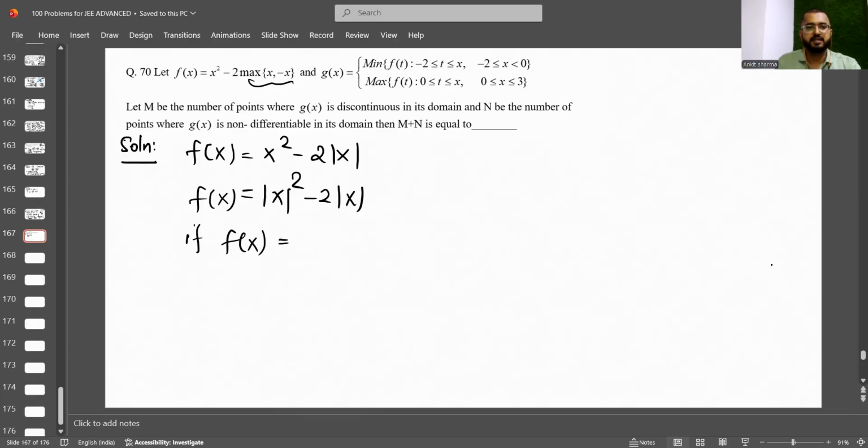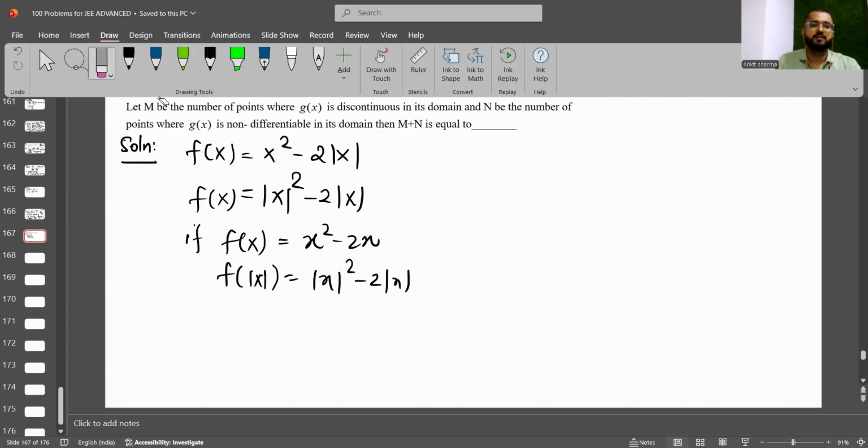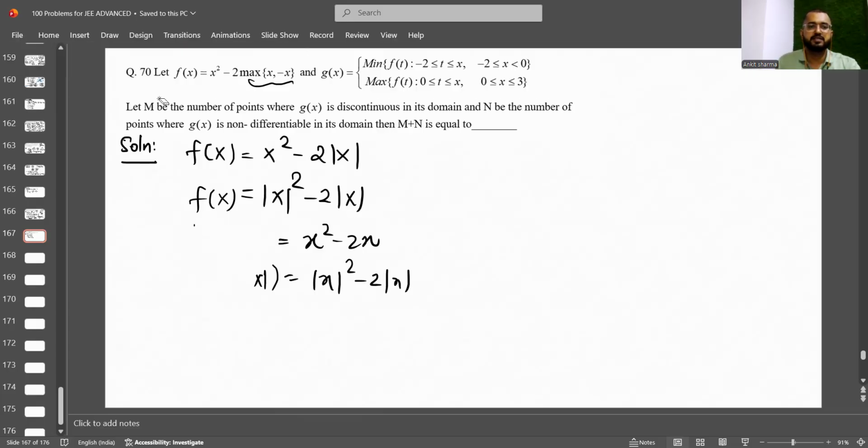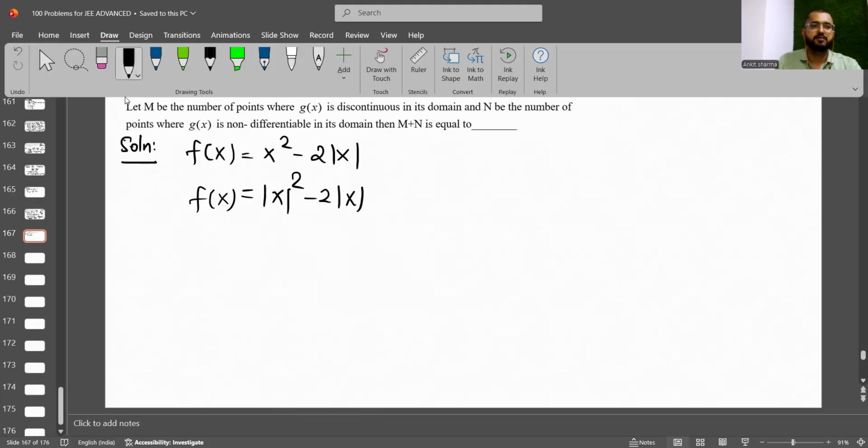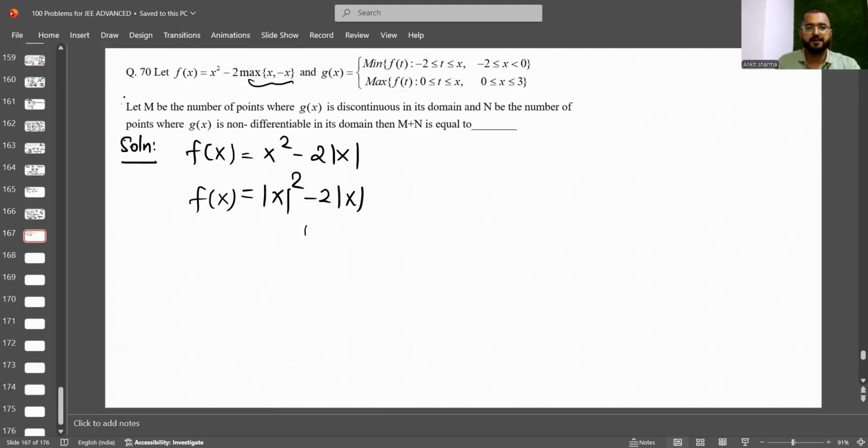If I take x square minus 2x, then this is nothing but f of mod x, so mod of x square minus 2 times mod of x. It means we'll draw the graph of x square minus 2x and then take the reflection.